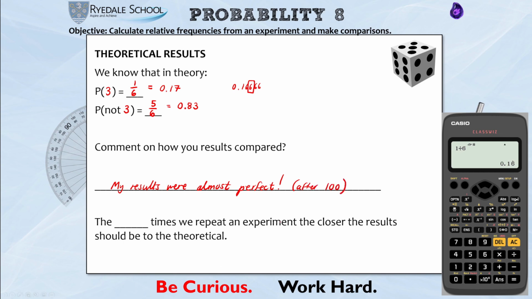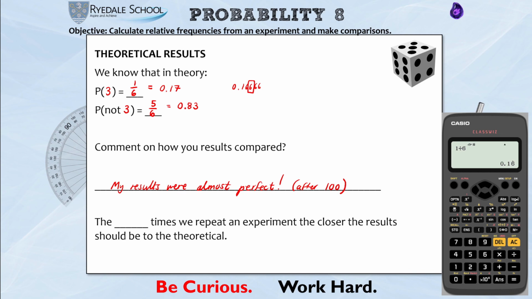Now, why is this important? The reason why I wanted to do this experiment today was to try and give you that indication of the more times you do something, the better the results are. So if you think back to last lesson, we talked about someone who'd done an experiment or was estimating a probability over more results had a better conclusion.